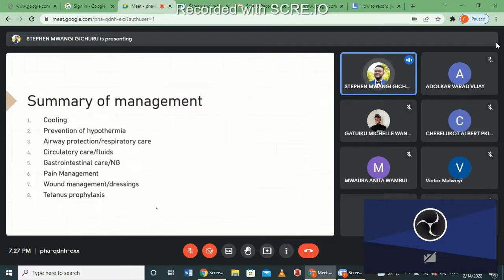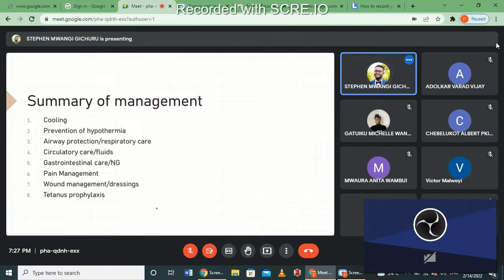Again, I said, if you don't remember anything, make sure you've understood these slides. There's cooling, prevention of hypothermia, airway protection. Remember we talked about intubation. Circulatory care, we talked about fluids, Ringer's lactate, Parkland's formula. There are many other formulas, but Parkland's is the one you use mostly. Maintenance for children.